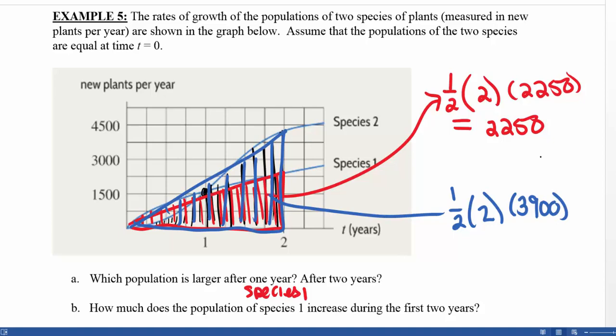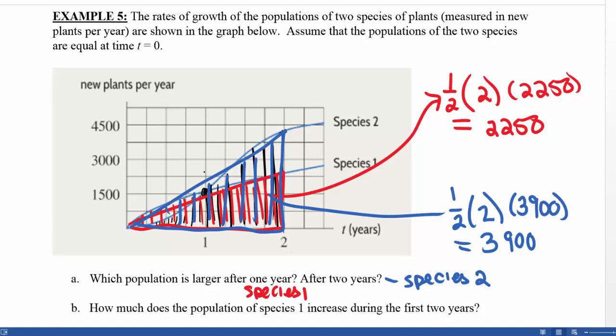You could call that 4,000. But what really matters here is any estimate you get between 3,750 and 4,500 is going to give you a result that's larger than what we got for species 1. So after 2 years, species 2 is going to be larger because, again, there's more area under the curve of species 2 at time equals 2 than under species 1.